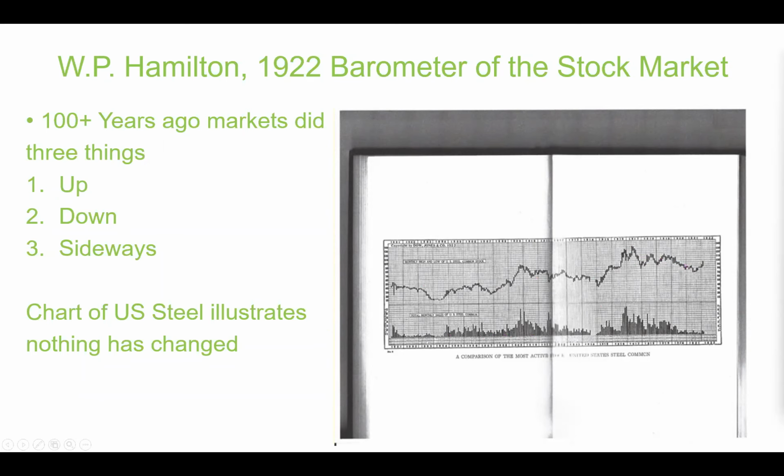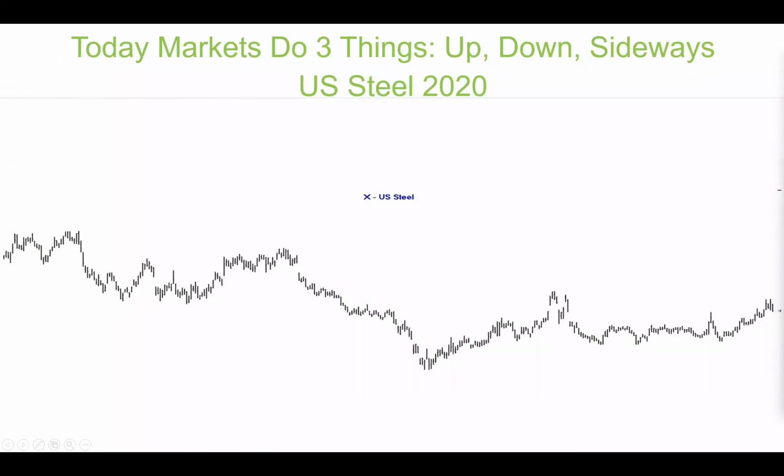So if we look at a chart from our current times, this is a chart of US Steel. That was US Steel that I just showed you. And look at how remarkably the price movement is the same. So in my mind, instead of trying to reinvent the wheel, just understand the wheel that is here every single day, no matter what time frame you open up.